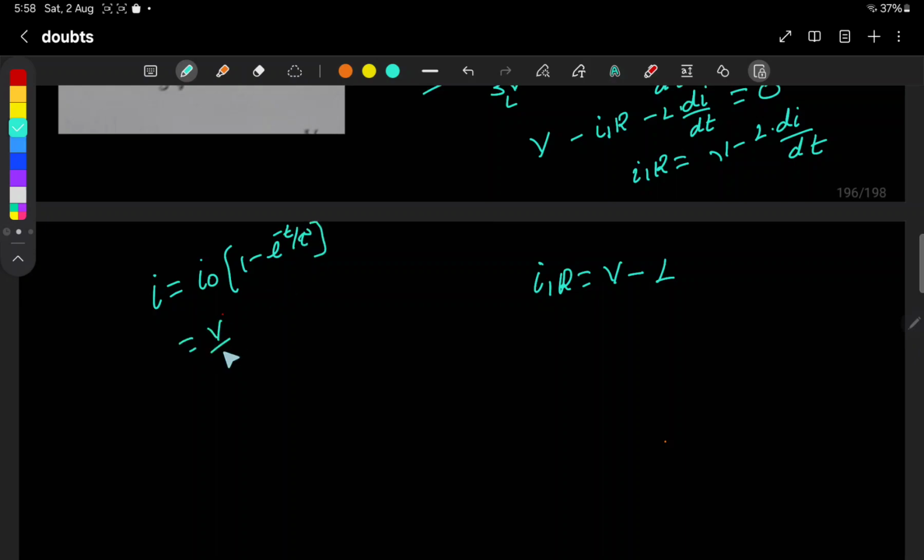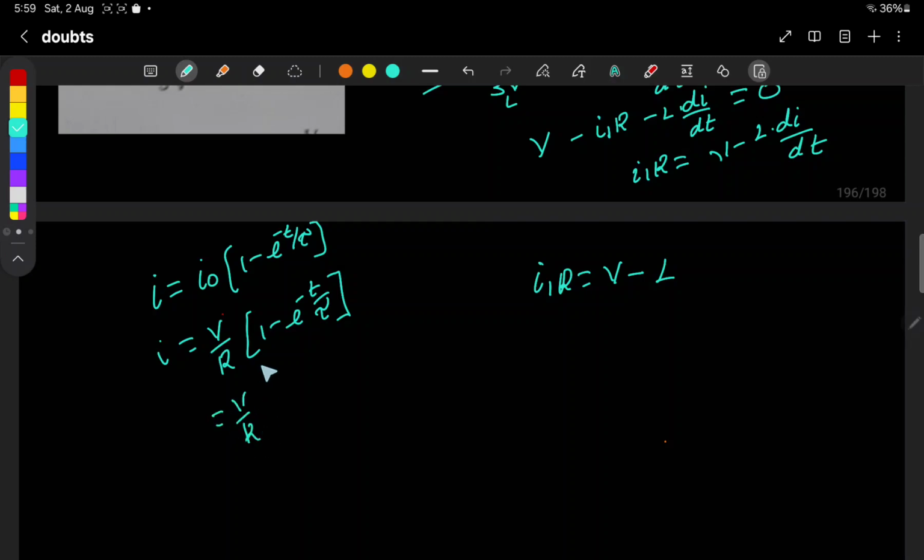So I naught is nothing but V by R. So total voltage given V by R, 1 minus e to the power minus t by tau. But here I have di by dt. So if you find di by dt, what we will get?